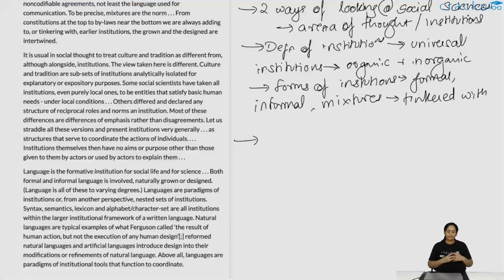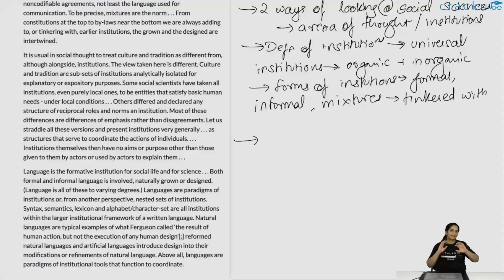So basically the author says, what is an institution? Some people say that culture and tradition are not part of institutions. Some people believe that they are a subset of this, separated only for the sake of understanding or explaining them. Some believe that anything which has a reciprocal role is an institution. So there are contrasting ways of looking at what is an institution.